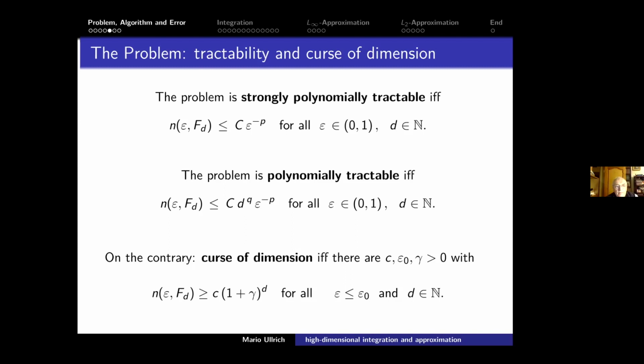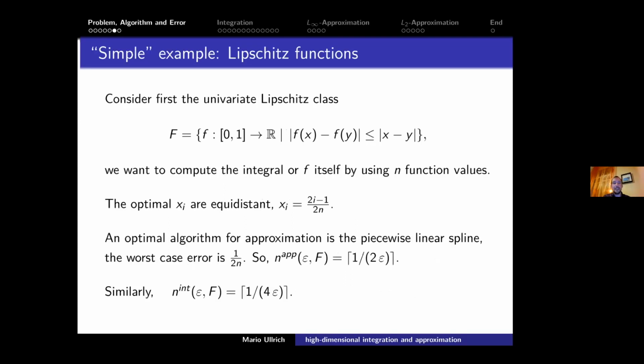So let me start with some examples just to get a bit of a feeling. A very simple example is the Lipschitz functions. In this case, that's only the univariate case, so there is no d, and d will be on the next slide. So in the univariate case, just all functions with Lipschitz constant 1, and we might want to compute the integral of f, or f itself, so also the approximation problem, using n function values.